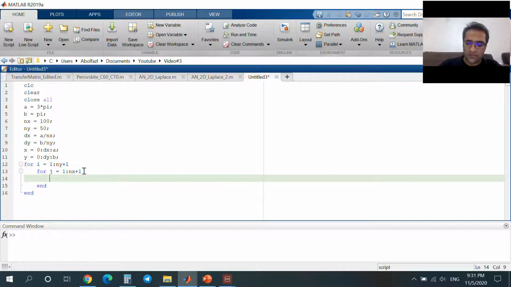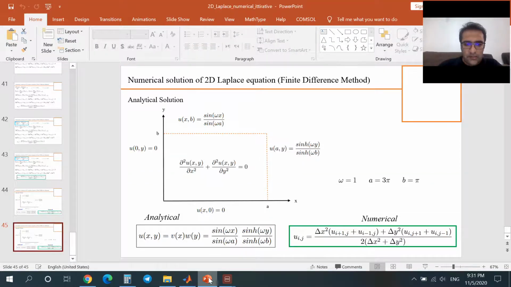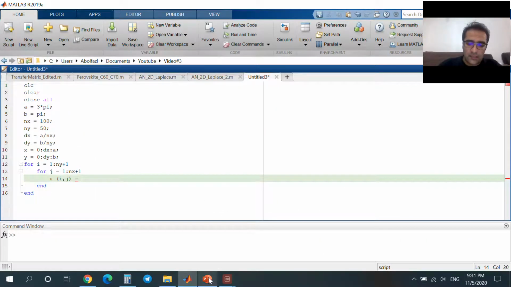Okay, so what is my function? I define it with u, and it should be u(i, j), which is just sine x divided by sine a.